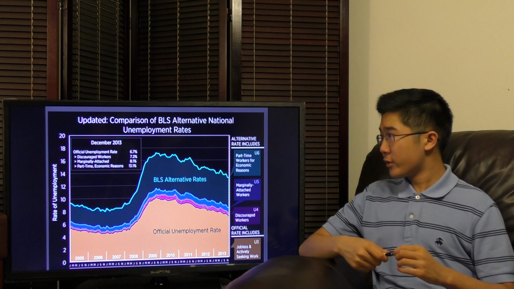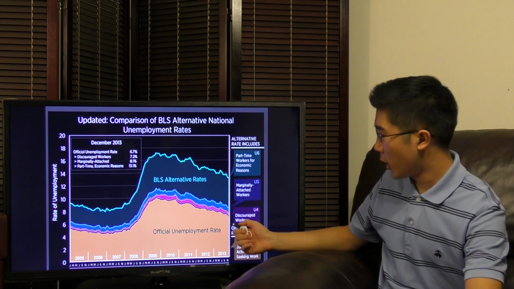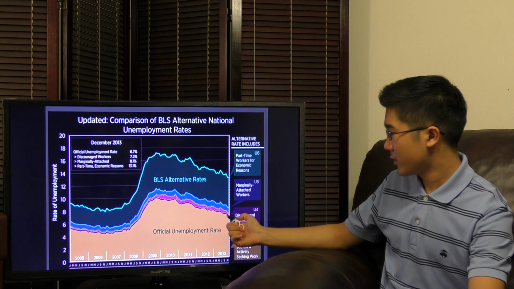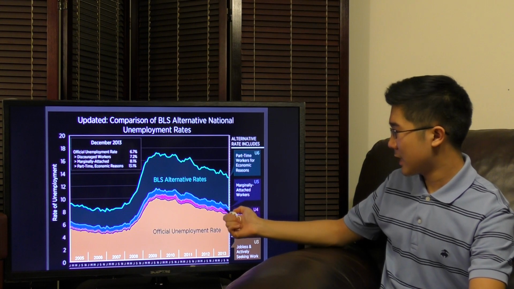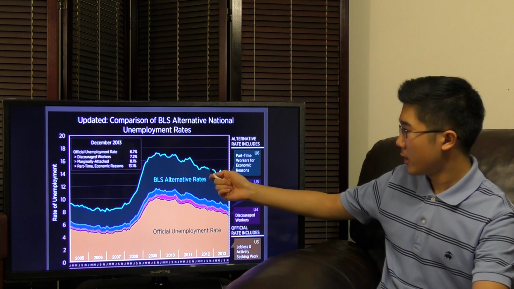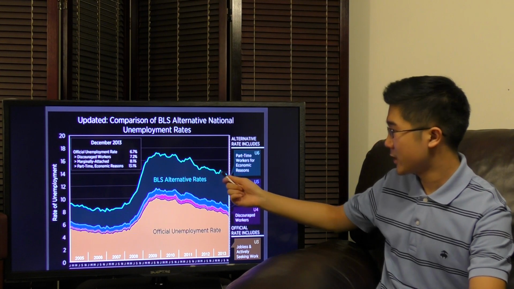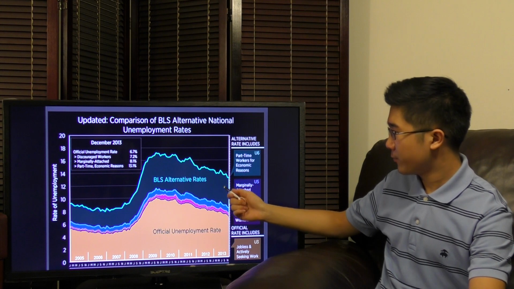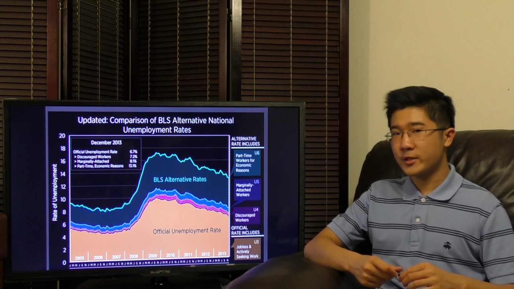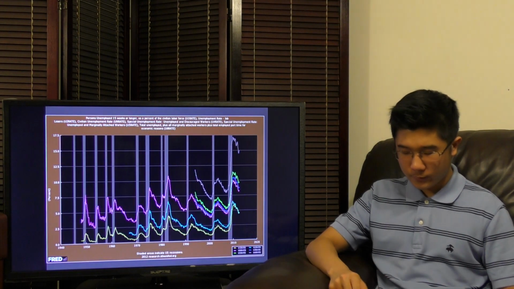So, for instance, up to 2013, we see that the official unemployment rate is around 6.7%, and then U4 and U5 are slightly higher in the blue and pink. However, U6 shoots all the way up to around the 15 to 16% range, and there's quite a significant gap right here. So underemployment, as we can see, is a huge part of our labor force.